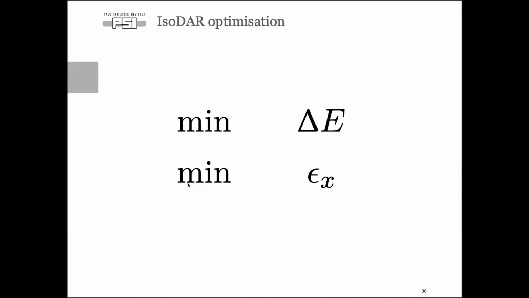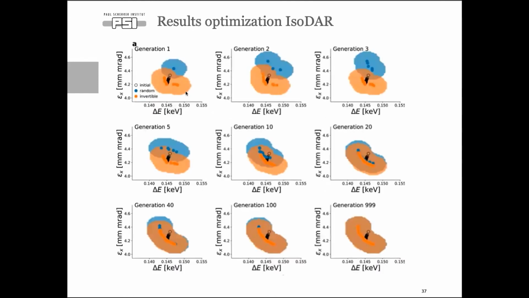And the second example for the Isodar optimization is much simpler. So we chose to minimize just the emittance and the energy spread of the beam. And as before, we use again the genetic algorithm using the forward surrogate model.